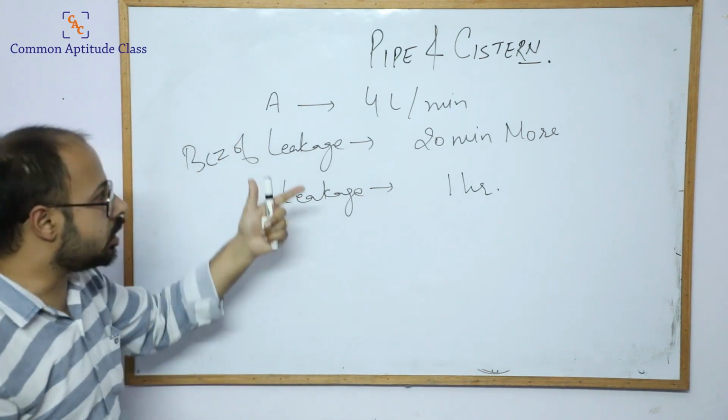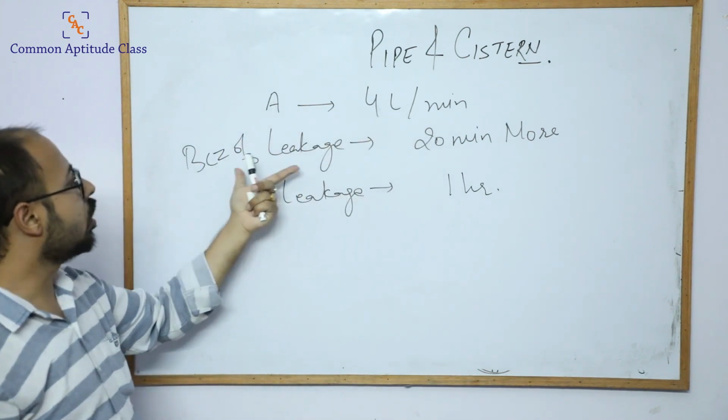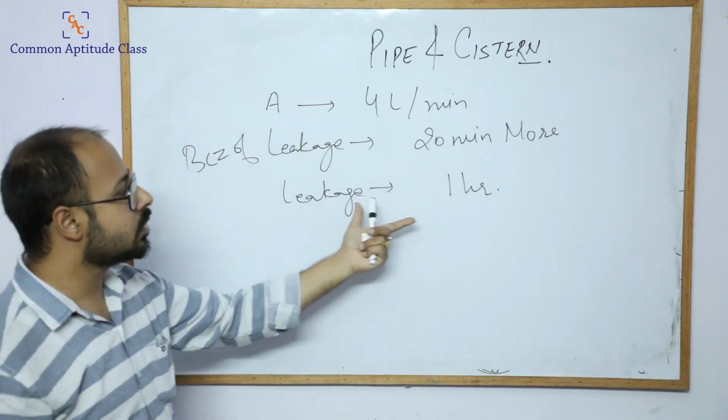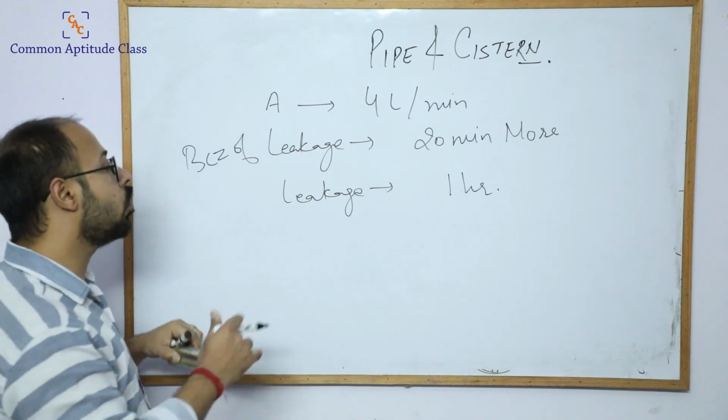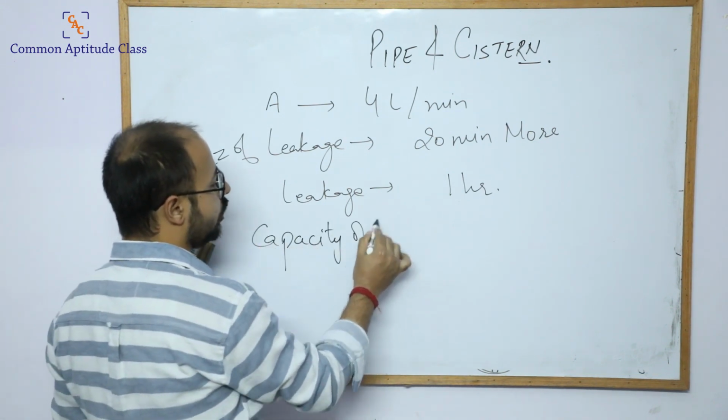So this is the complete question. A fills the tank at 4 liters per minute. Because of leakage, 20 minutes more. For the leakage alone, 1 hour. This is the process. So what is the capacity of the tank?